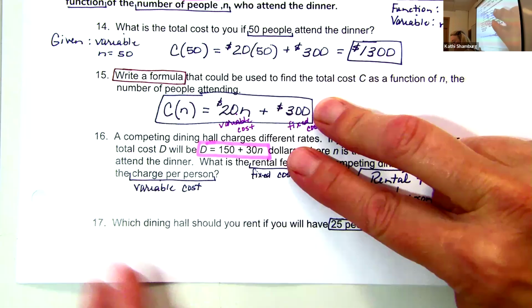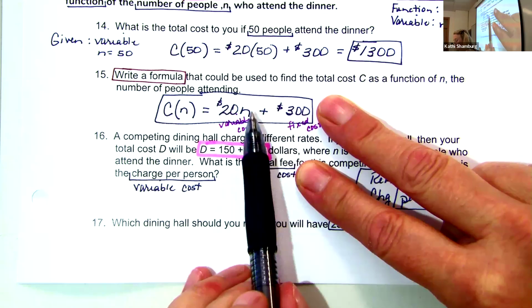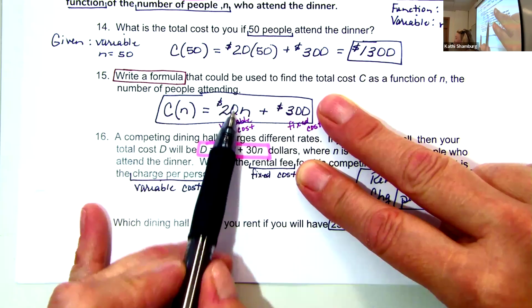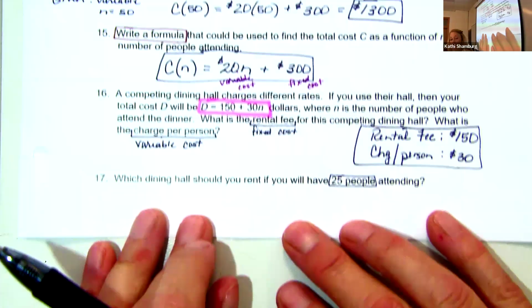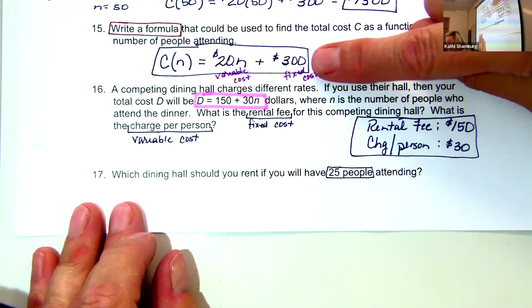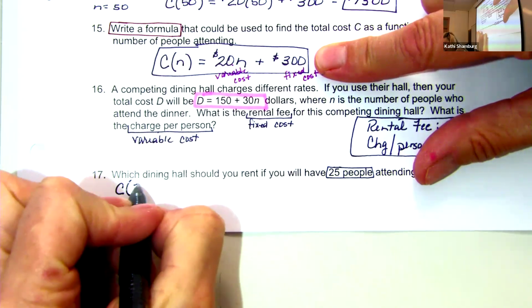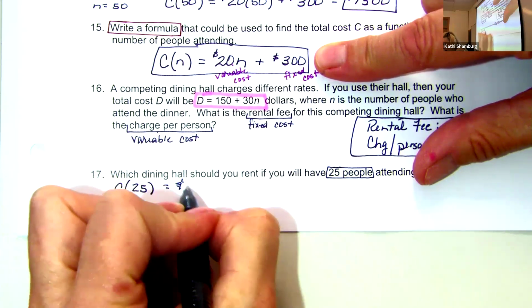If I looked at the fixed cost, I'm going, dang, this one's high compared to this one. But their charge per person is different. So you have to be sure that you calculate to see which one is the better deal. So let's start with C at 25, which has the higher fixed cost.